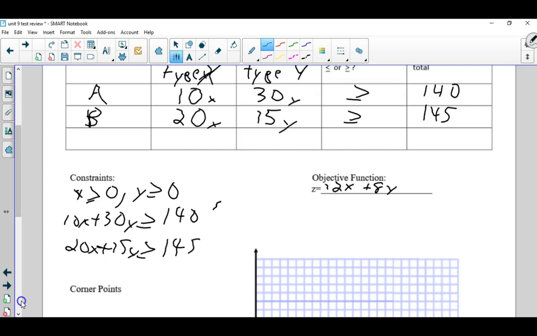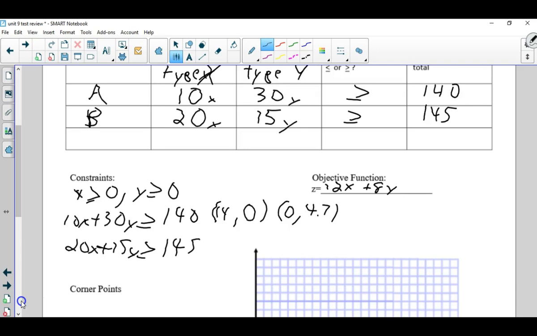You're going to get fractions or decimals. So, I'm just going to use the cover-up method and work with the decimals. So if I cover up the 30, I put a 0 in for y. 140 divided by 10 is 14. No big deal. Then I'm going to cover up the x by putting in a 0 and do 140 divided by 30, and it's 4.6 repeating, so we'll round to 4.7.